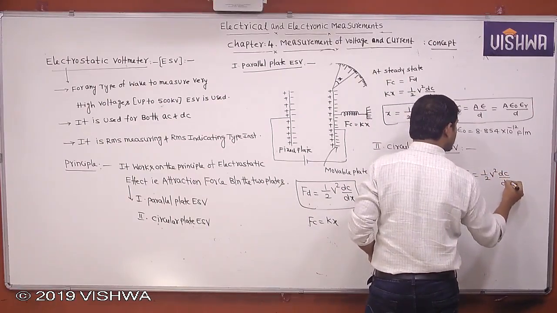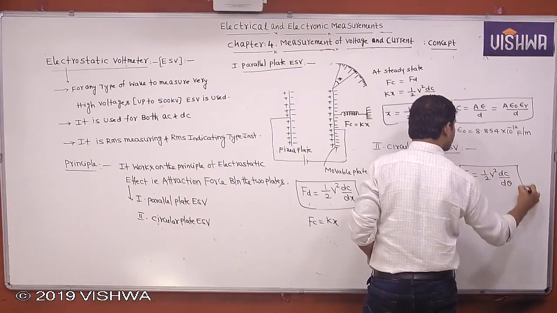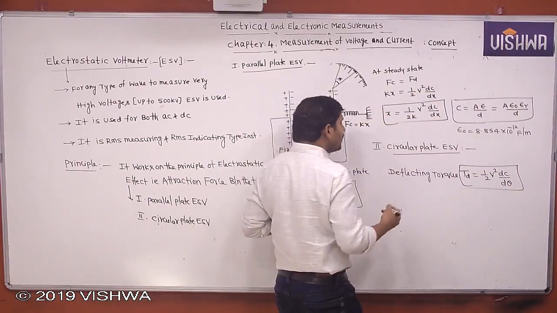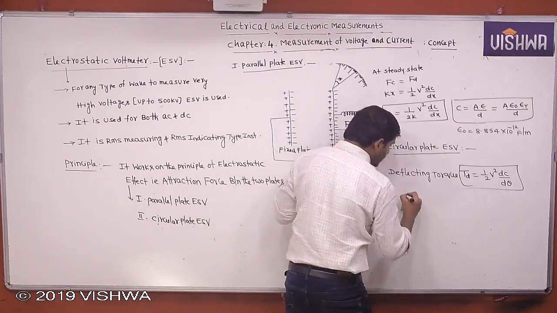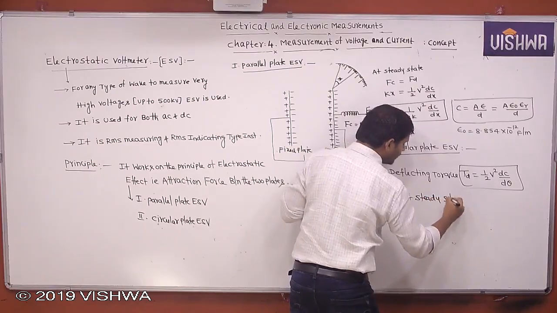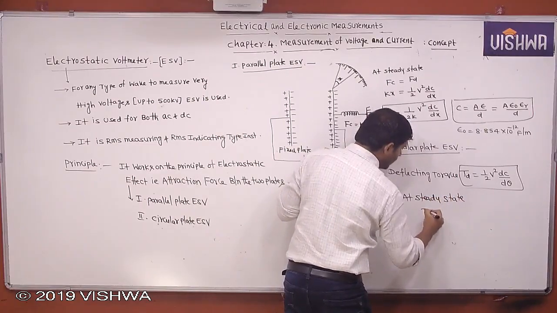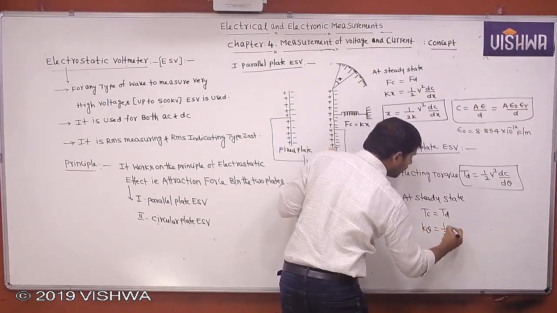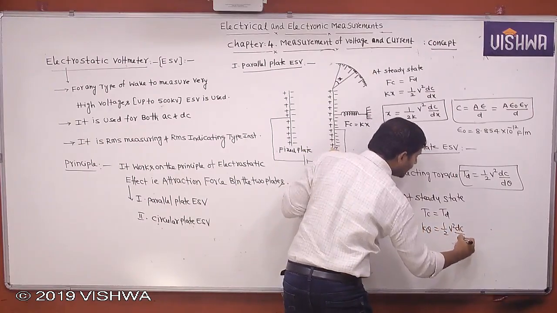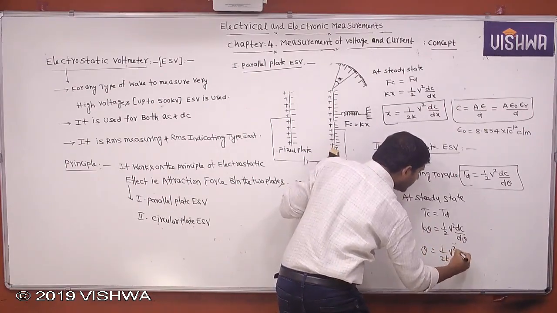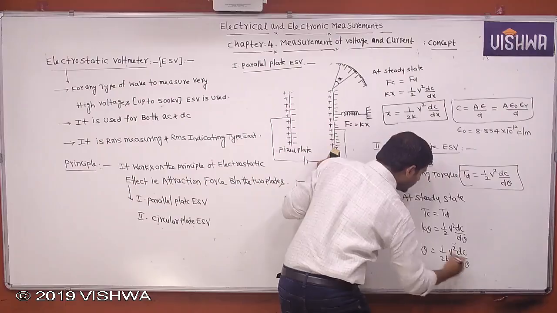At steady state, Tc equals Td, then K theta equals half V square dC by d theta. Then theta equals 1 by 2K V square into dC by d theta.